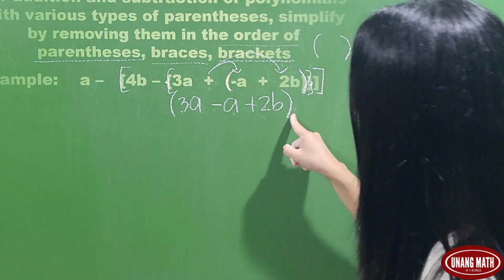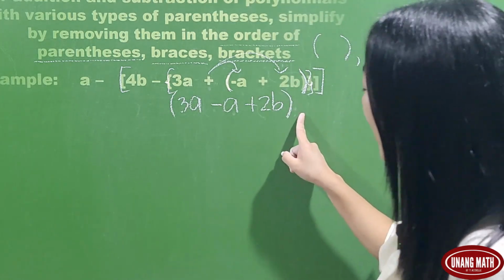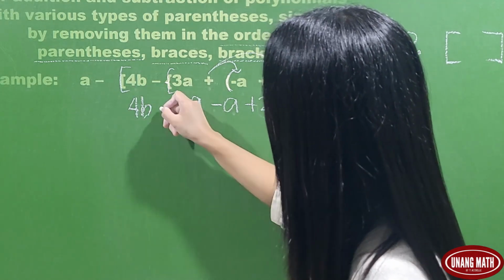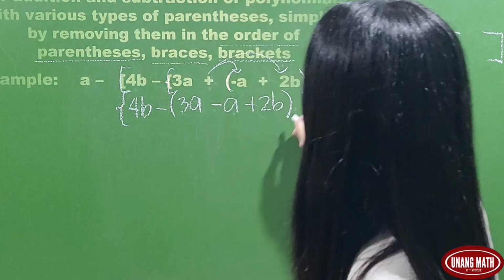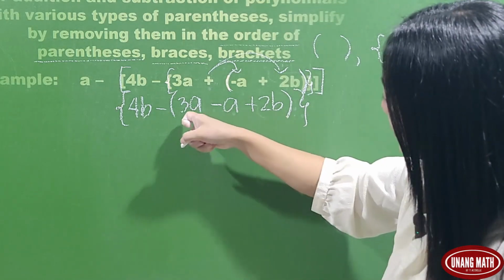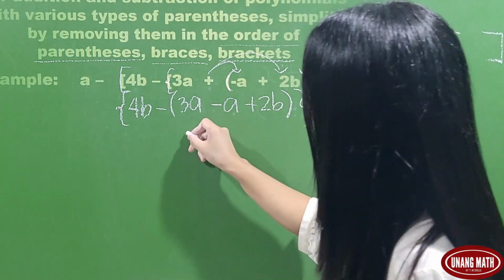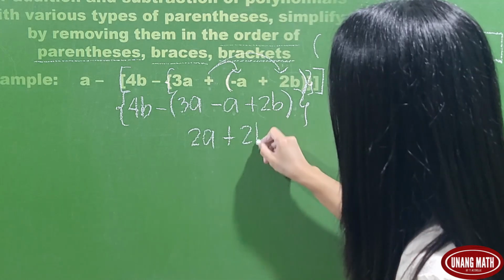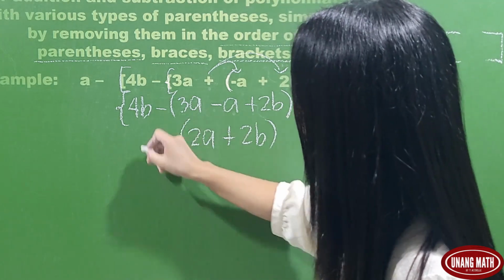So this is inside the braces, and outside we have here 4b minus. First, inside the braces, simplify 3a minus a. That would be 2a. So 2a plus 2b. This is inside the braces.